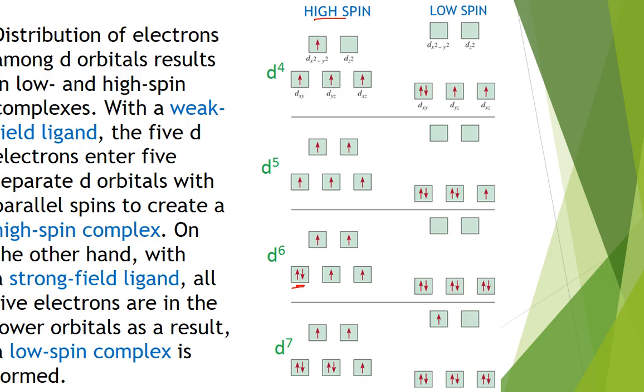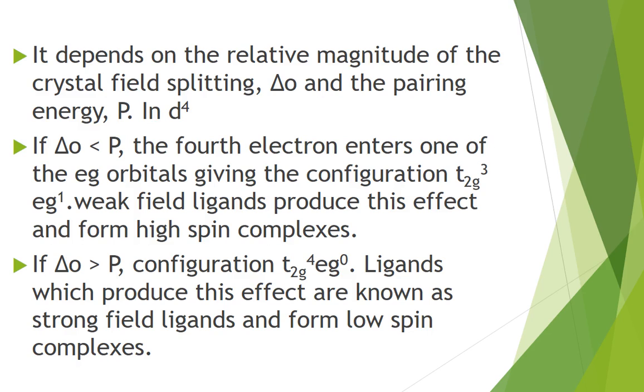D5 you can see, d6 you can see. Only in the case of d7, when the lower orbitals are completely filled, the electron goes into the higher d orbital. So these are all low spin complexes.